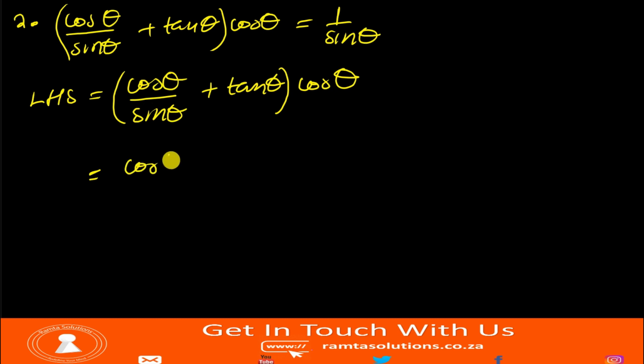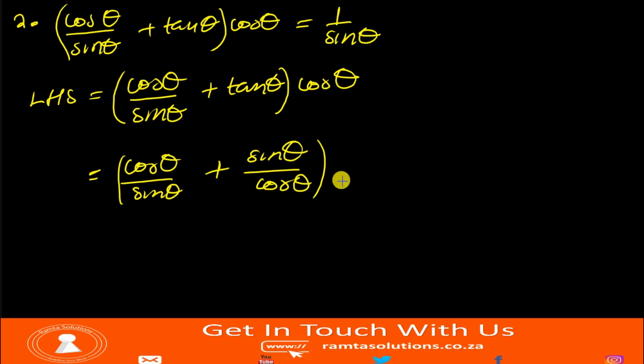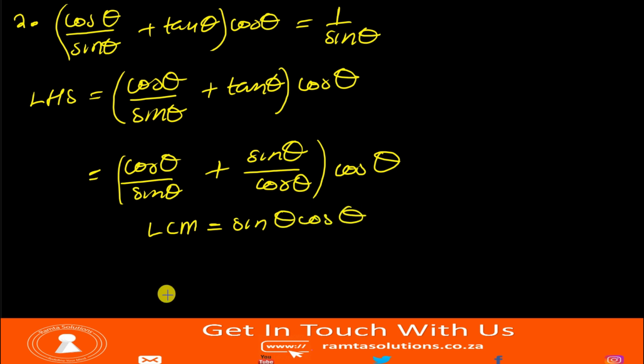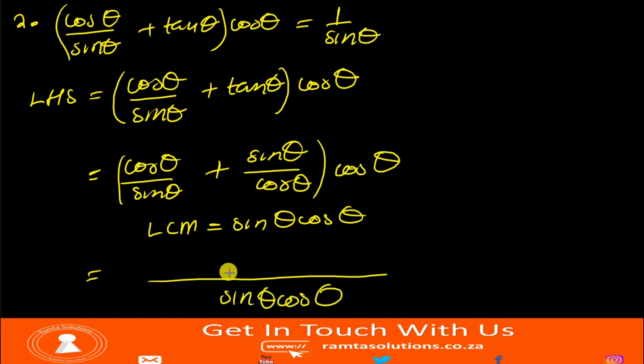Say cos theta over sine theta plus sine theta over cos theta, all multiplied by cos theta. Now what you see here, you have what we call the lowest common multiple, which is sine theta cos theta. So what this will do will mean that your denominator is sine theta cos theta.